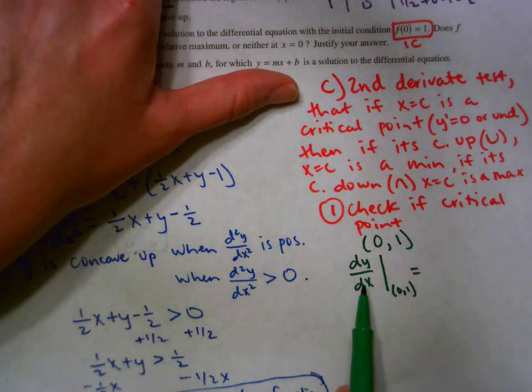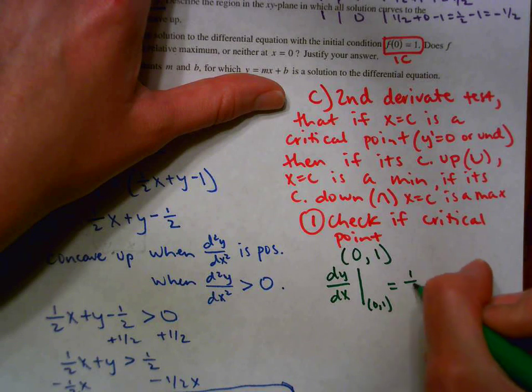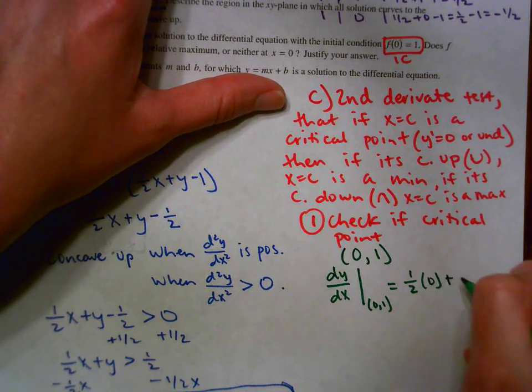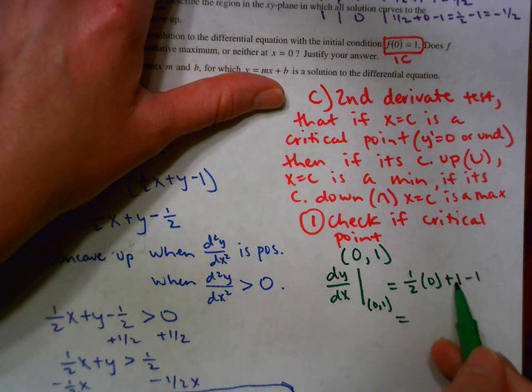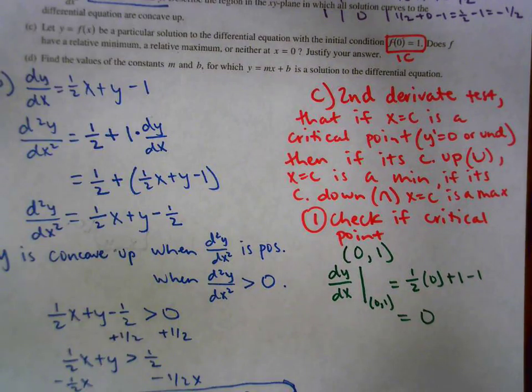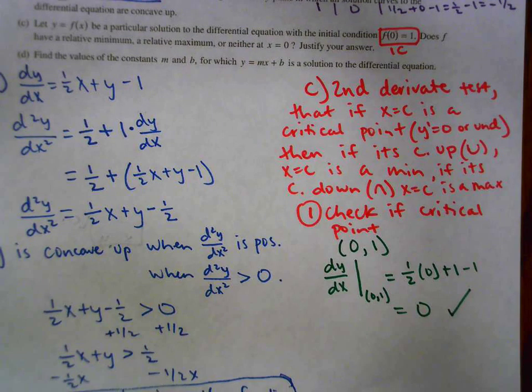It's saying the derivative at this point equals 1/2 times x, which we said is 0, plus y, which we said is 1, minus 1. So 1 minus 1 is 0, so this whole thing is 0. We checked it, and the derivative is 0, so we know it's a critical point.